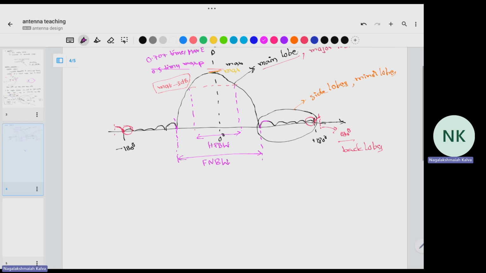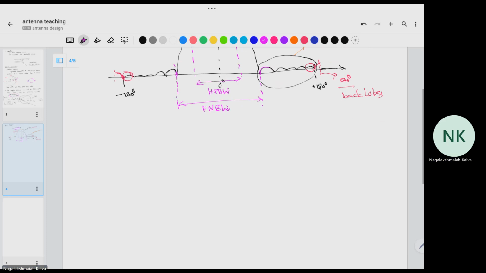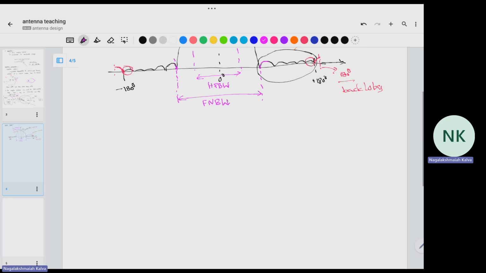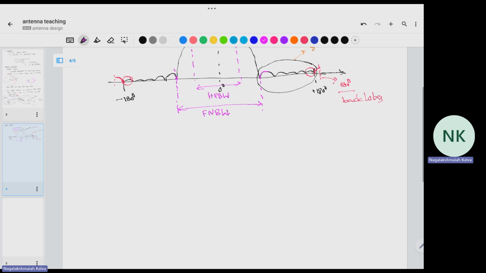So in a radiation pattern, we'll have all these things. If we have these parameters, we can design all the antennas. And if you're getting more content, that will be discussed along with the design, wherever we are getting the radiation patterns. In that, I'll discuss what the absolute value is, what polarization is, all these things along with the designs.